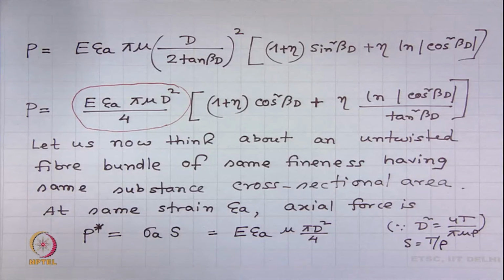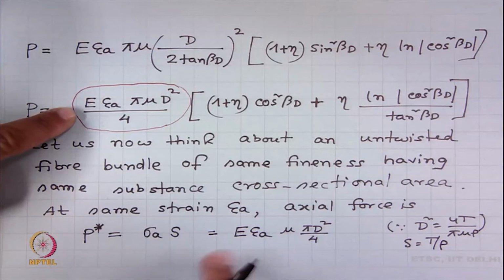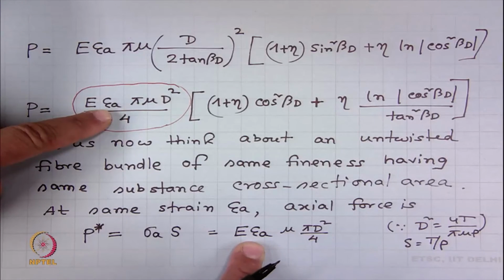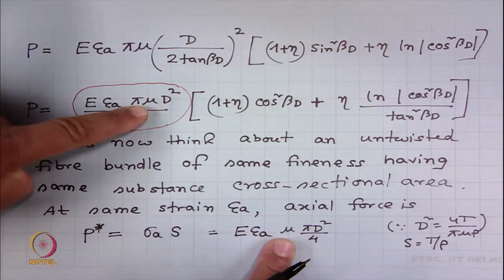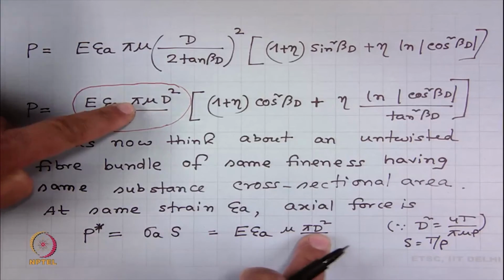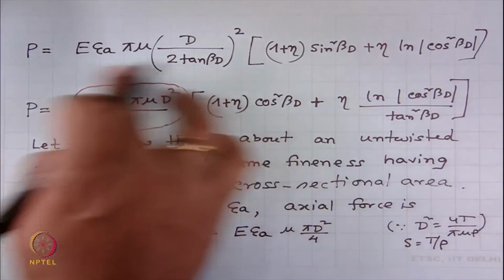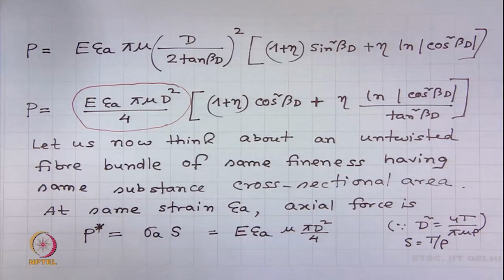So, you see this now, E epsilon A mu pi d square by 4. So, this quantity is equal to the axial force of a parallel fiber bundle having same fineness and same substance cross sectional area.